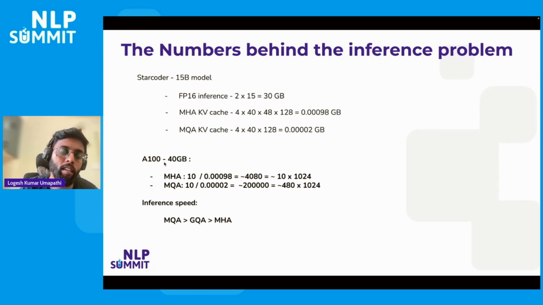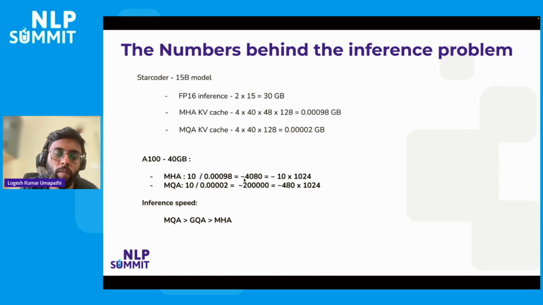To give an idea, to fit this model into an A100 40 GB, we have already utilized 30 GB in loading the model, so the remaining is 10 GB. To inference just one token, we would need 0.0098.